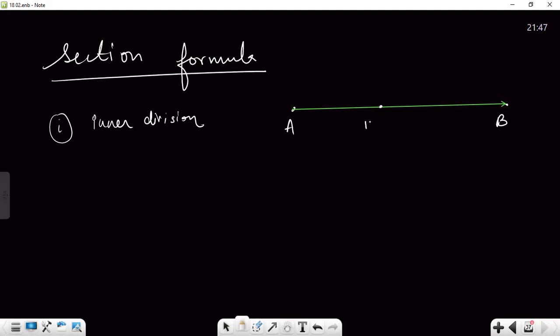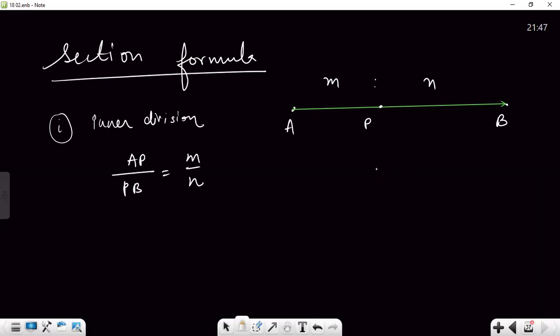Let's call this point P, and this P point is dividing AB internally in some ratio, let's say M is to N. What is M and N? Actually, AP divided by PB is the ratio M is to N.